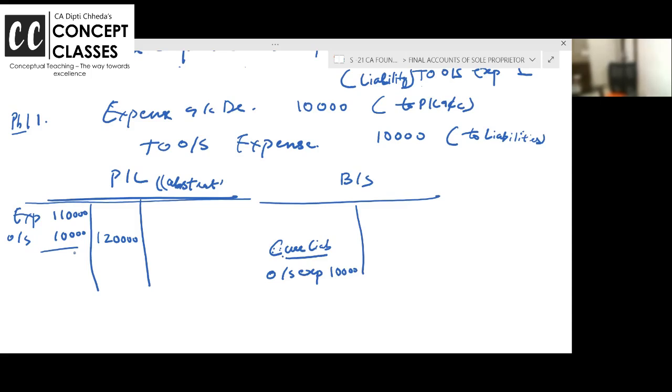All clear? How will you pass the journal entry expense to outstanding? And how will it appear in the P&L account? And how will it appear in the balance sheet?